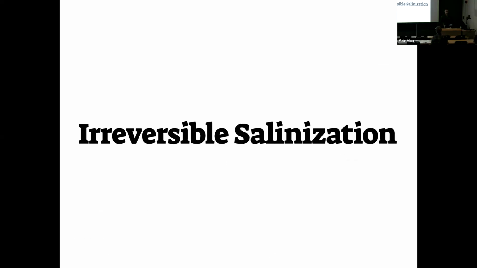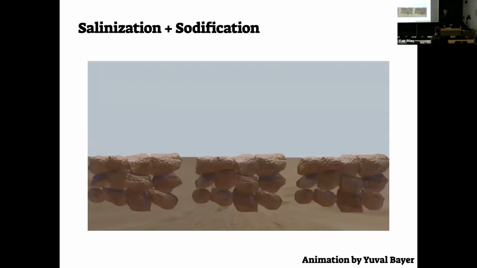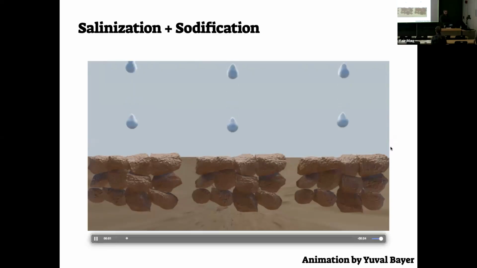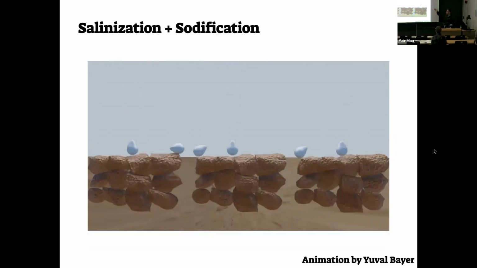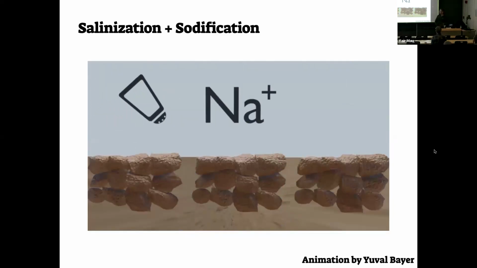So the first part of the talk is about irreversible salinization. This is an animation I'll play in a second. Those are soil aggregates, and this can be irrigation water or rainfall. It falls from above and goes into the soil and permeates it.